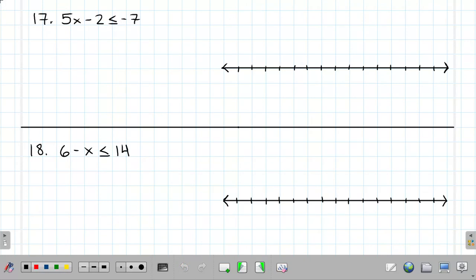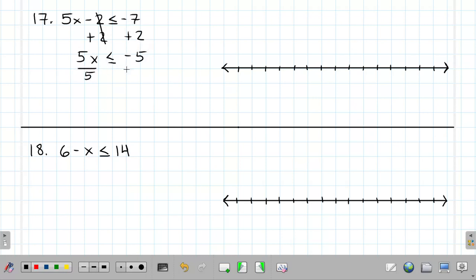Okay. Number 17 and 18, actually, I think these get a little easier because they are just like numbers 13 and 14 and 11 and 12 and 9 and 10, okay? Just solving two-step inequality. So we're going to add 2. 5x is less than or equal to negative 7 plus 2 is negative 5.